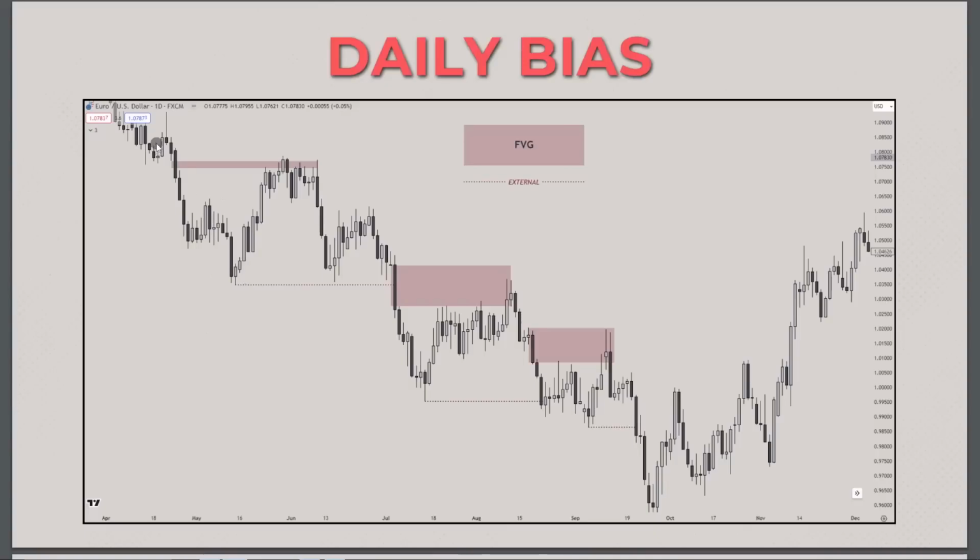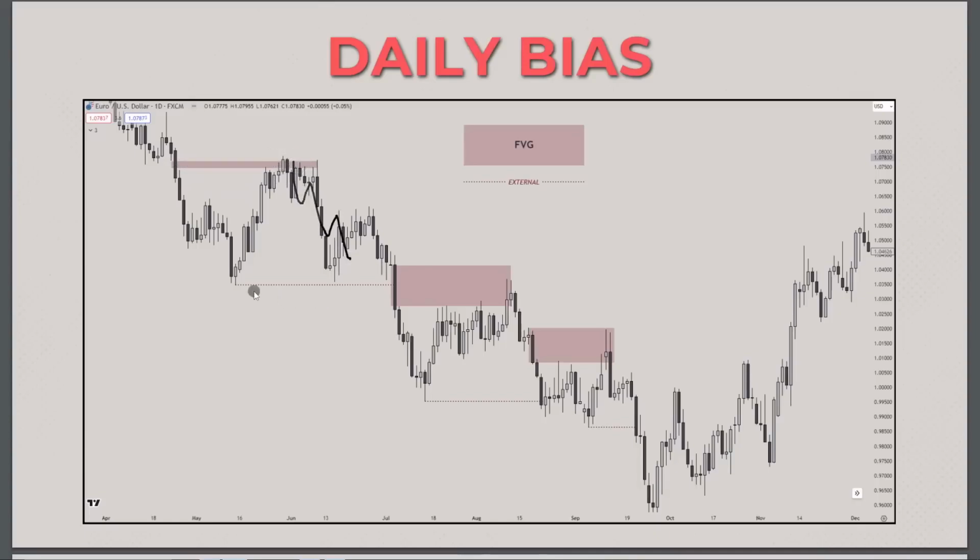And why? When I have a big range that is created and then I have another small one, usually the small one will be nothing but an adjustment. Okay, so that's why I was looking for this fair value gap. As price is coming up into the fair value gap, getting a respect on the lower time frame, and there is a change in state of delivery on the lower time frame, I would know that most of the time, if this fair value gap is being respected and there is a lower time frame market structure shift, I'm now going from internal to external.